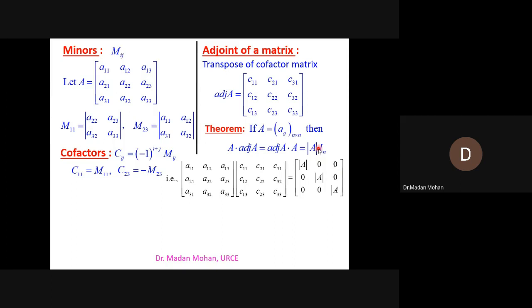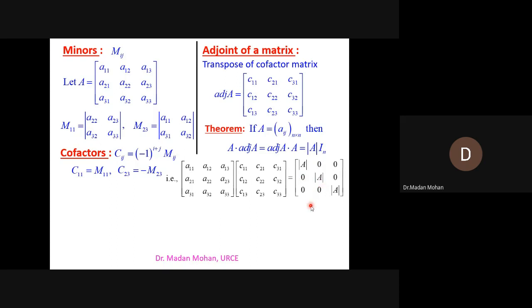The triple ones become det A's, and the off-diagonal entries are 0 into det A, always. I think you got it. You have to visualize this theorem like this: A into adjoint A is det A into I. Okay.